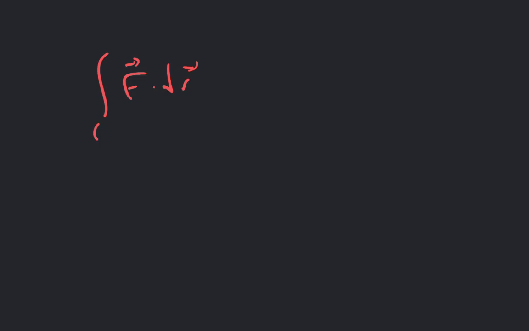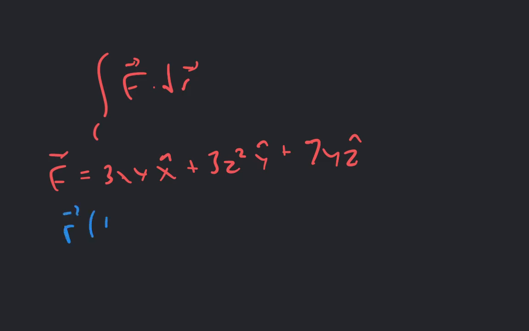So if we had that same function, 3xy x unit plus 3z squared y unit plus 7yz z unit, we're also going to say it's going along the curve.